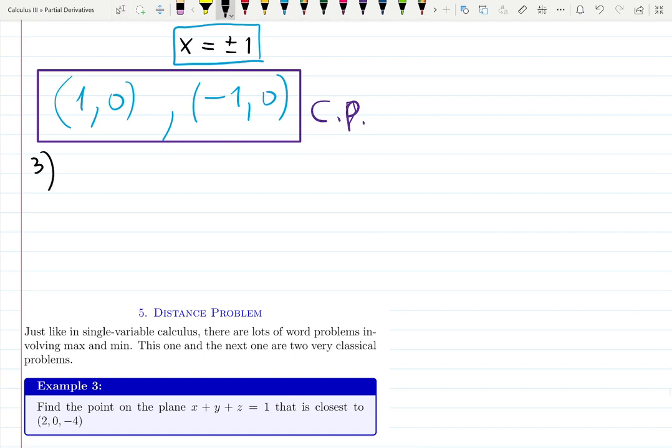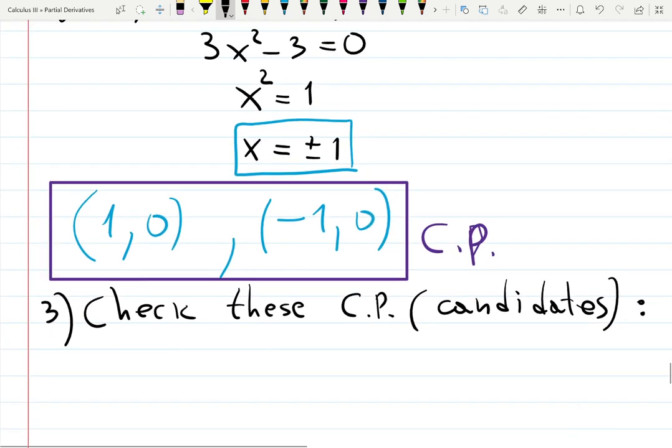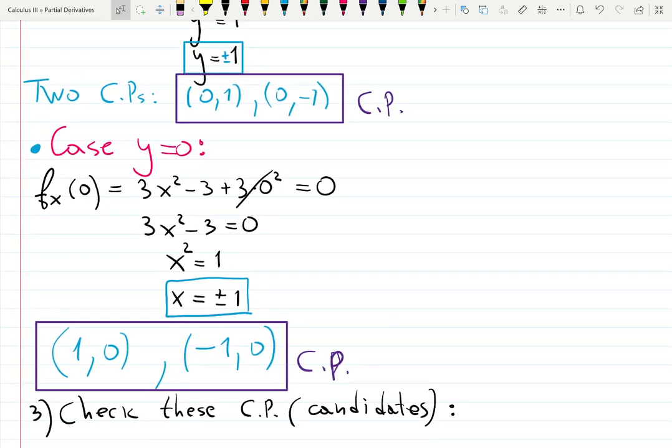Step 3, check these critical points. They are called candidates. How do we check? We check using the second derivative test. The second derivative test told us to create the determinant, plug the points into it, and see the sign.